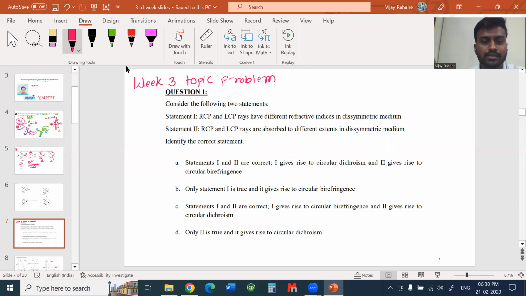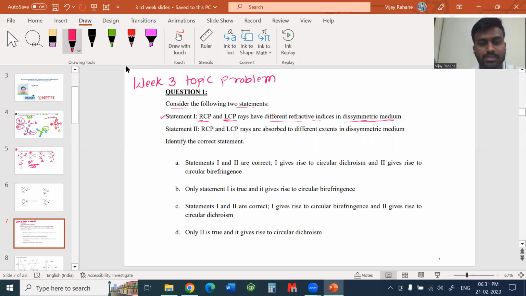So here we need to check. The first question is, consider the following two statements. The first statement is, RCP and LCP, that is, right circularly polarized and left circularly polarized rays have different refractive indices in a dissymmetric medium.